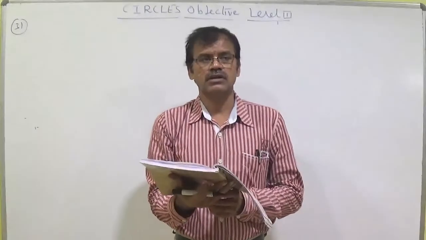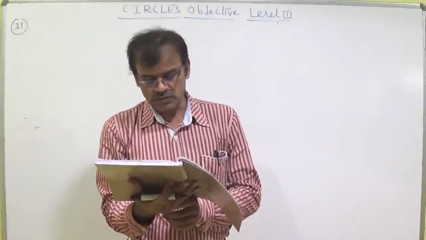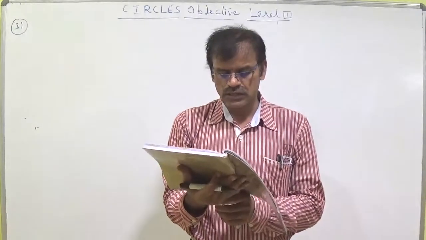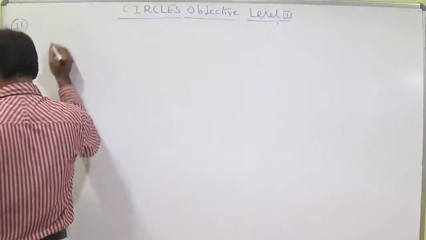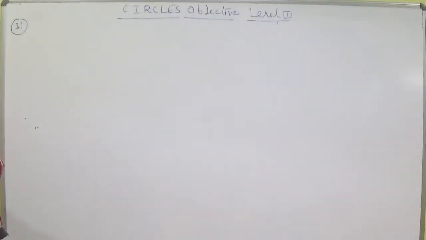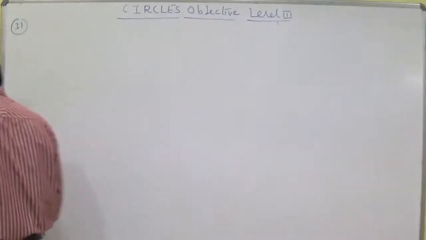So it is nothing but the equation passing through (0, 0). If the radius of the circle is 3, then find the length of tangent drawn from origin. 24xy plus 7y square equal to 0 is given here. So we can understand that the pair of lines is passing through origin.